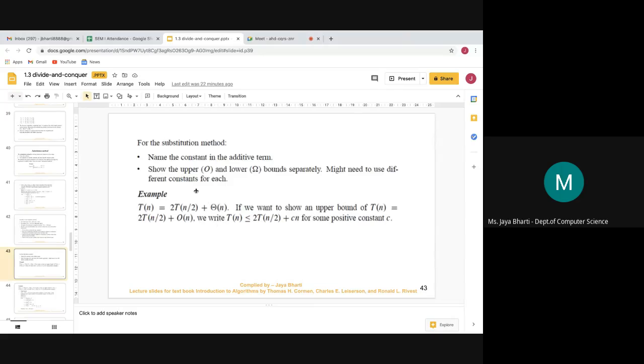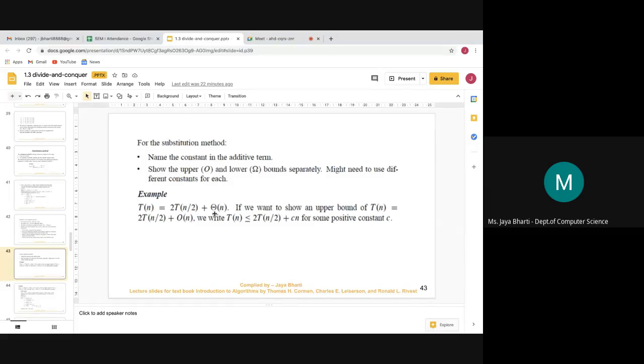So if we talk about this solution, what could be the upper bound? Big O of n square will be the upper bound, and omega of n will be the lower bound.